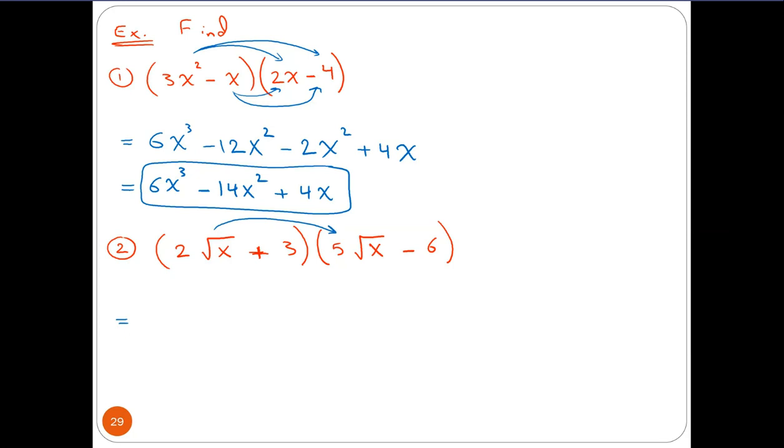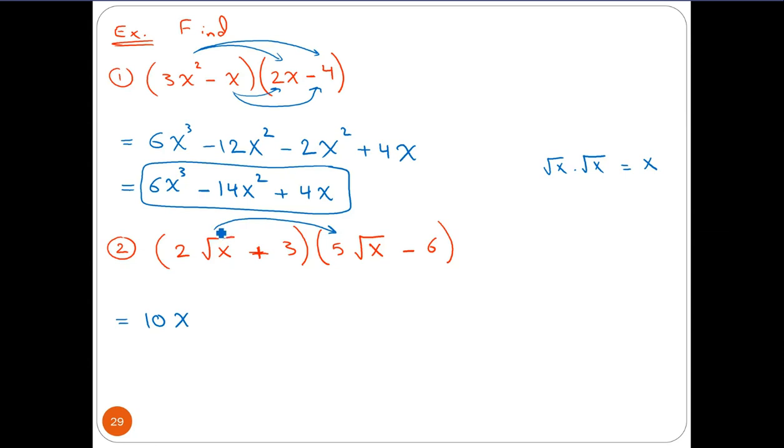Look at this. Also, we can multiply radical x with radical x, because radical x is x to the power half, x to the power half, and half plus half, we have x. So we have to multiply 5, 10, and x to the power 1, because radical x multiplied by radical x is equal to what? x.